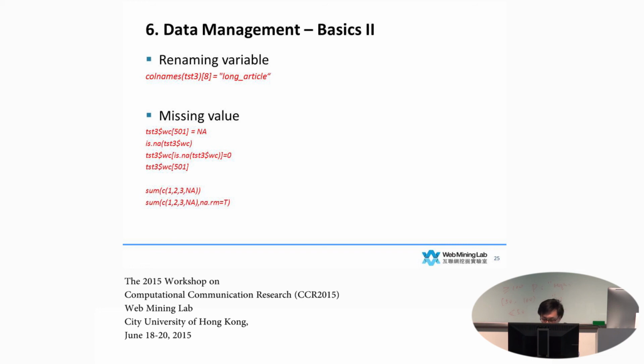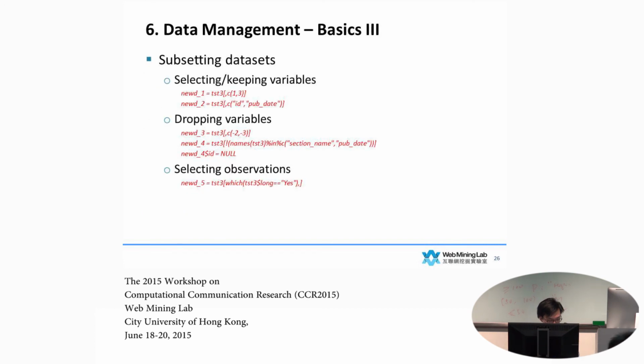And the third way, no, the third way is names. TST3. First we see what names is. Names is a function. Actually, it's column names. Use a percentage sign and in. That means this is the vector, and in.